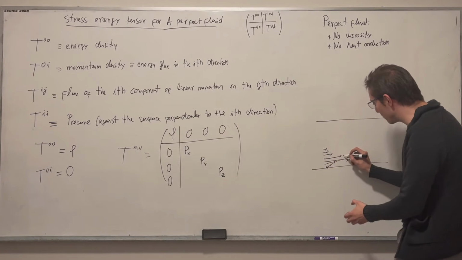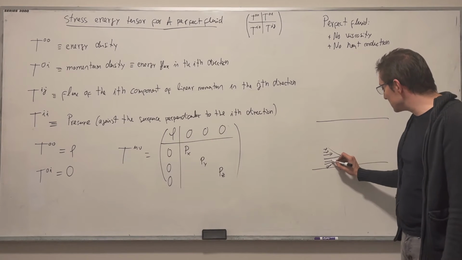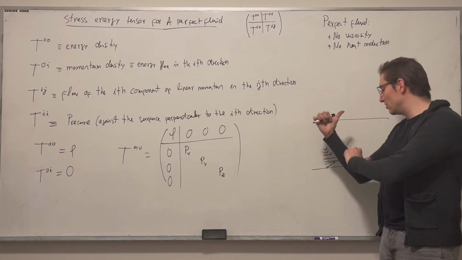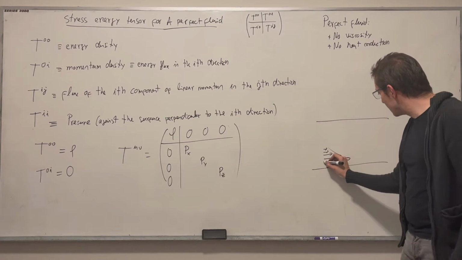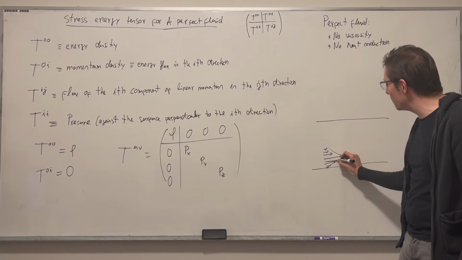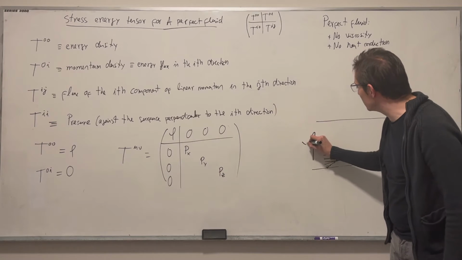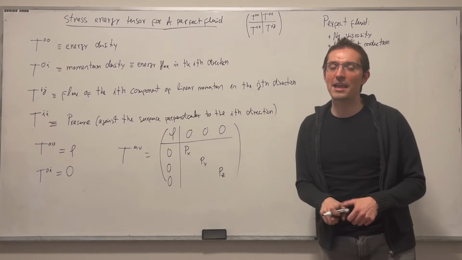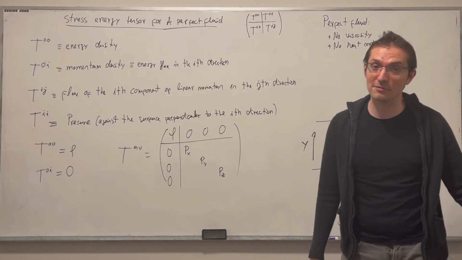And I'm going to have a profile of velocities. And that profile of velocities precisely, if I have momentum in this direction, is inducing momentum in directions that are different from the direction of propagation. So you see, there will be a flow of momentum transmitted from here upwards in the direction of x. So I have a flow transmitted in the y direction of momentum in the direction of x. This is literally what the non-diagonal components of the spatial part of the stress energy density are accounting for.